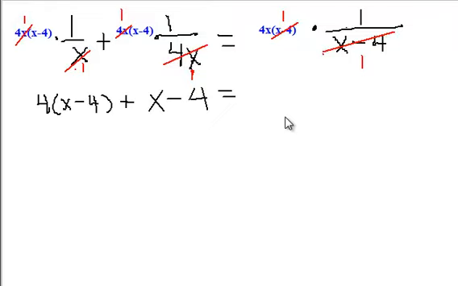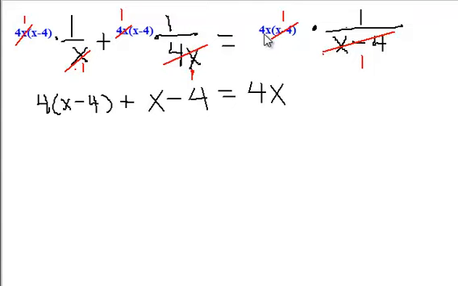Or you can look at it as you're dividing this denominator of x minus 4 into this factor of x minus 4. Both ideas are correct and give the same result.